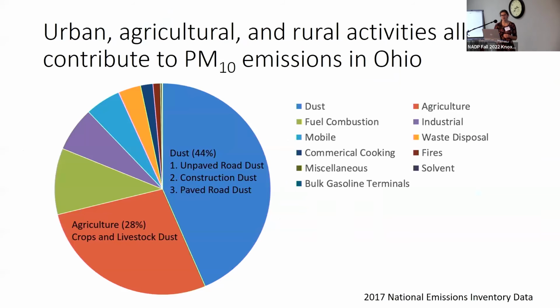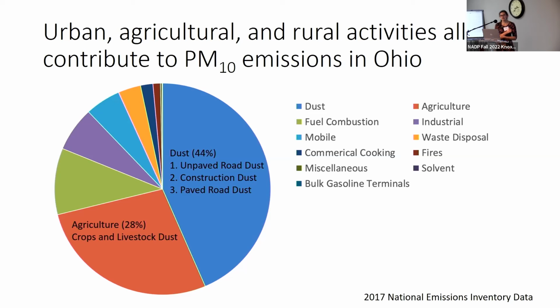Okay. So we know that urban, agricultural, and rural activities all contribute to emissions of PM10 and bulk particulate matter in Ohio, and of course outside of Ohio as well. But this is for Ohio, the 2017 National Emissions Inventory data looking at emissions of PM10.